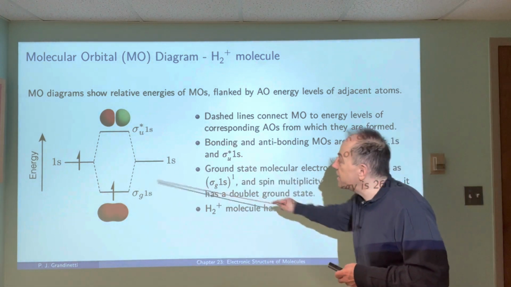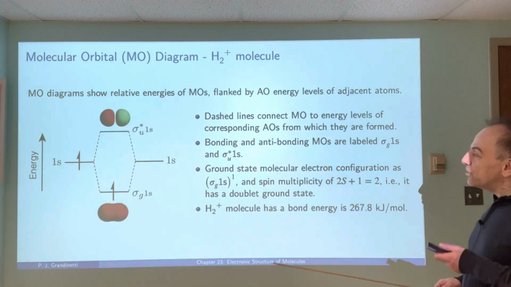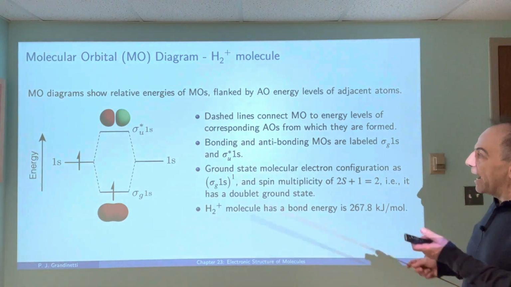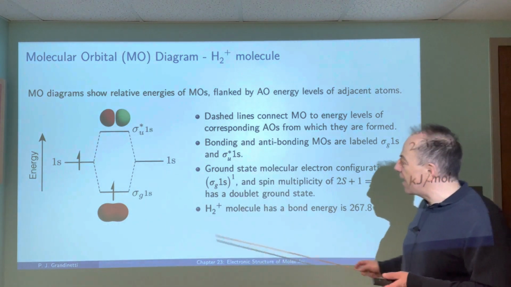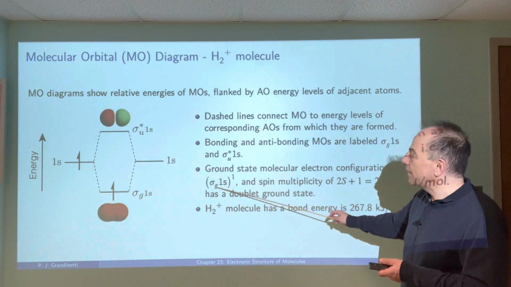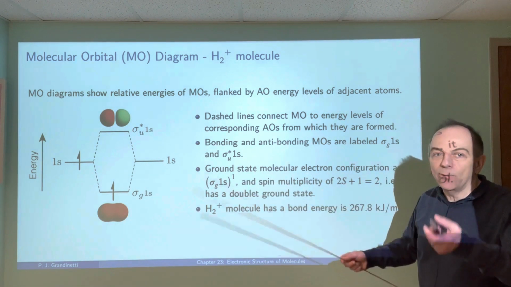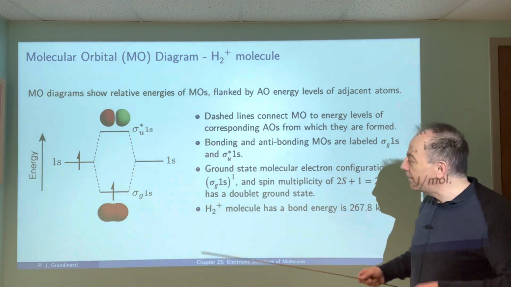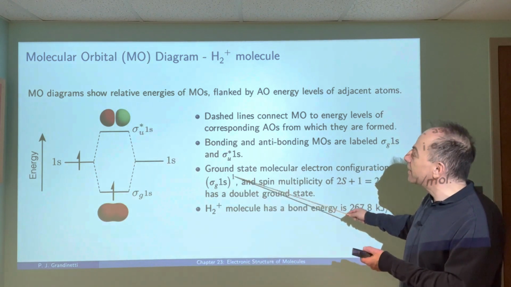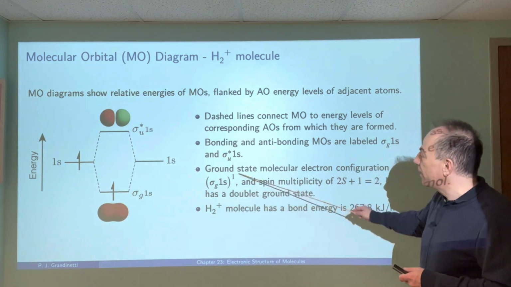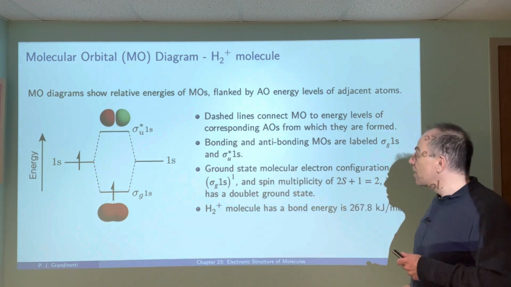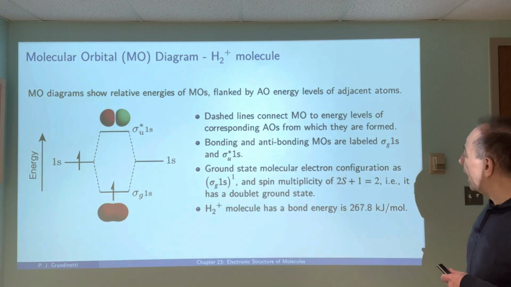So this is the molecular hydrogen cation, and if we had to write an electron configuration for that, we would just write sigma g 1s in parentheses, and we put a little 1 up here, just like we would have written 1s1.